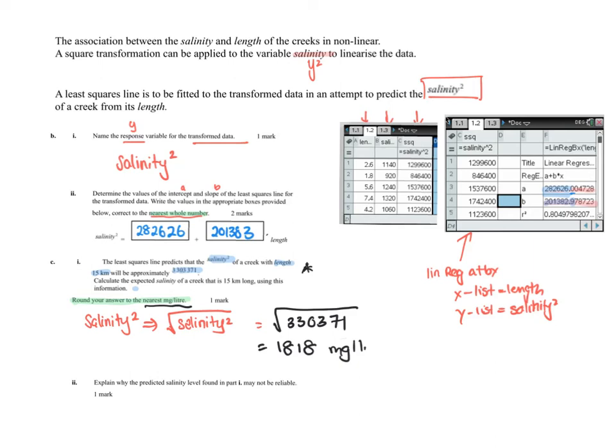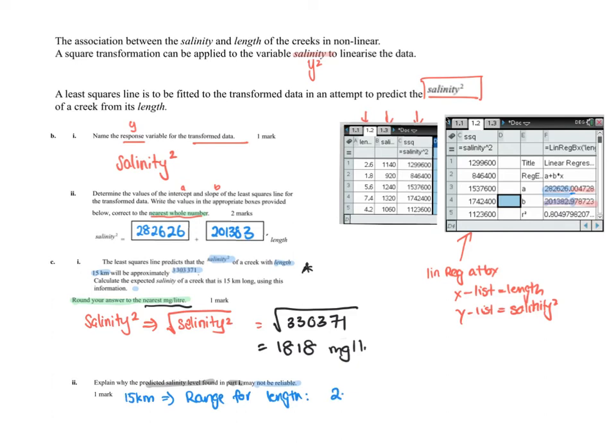Explain why the predicted salinity level found in part B may not be reliable. Now, they predicted using 15 kilometres. Our range for length is, what's our low?